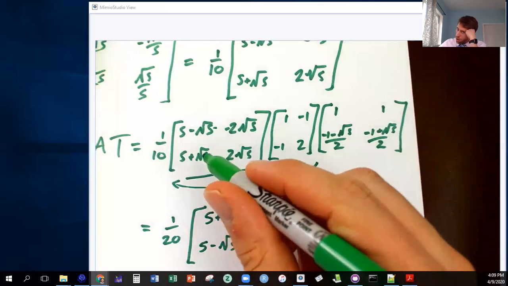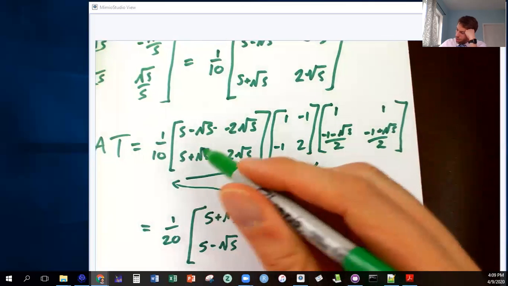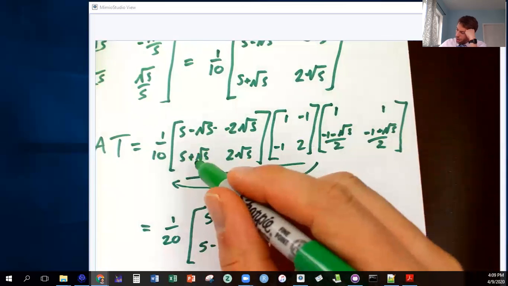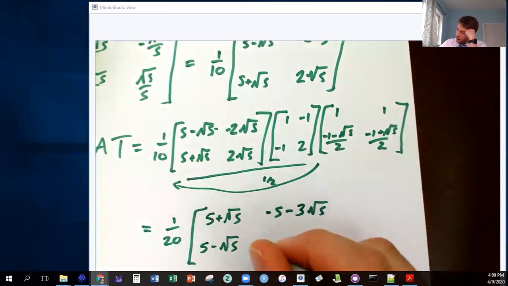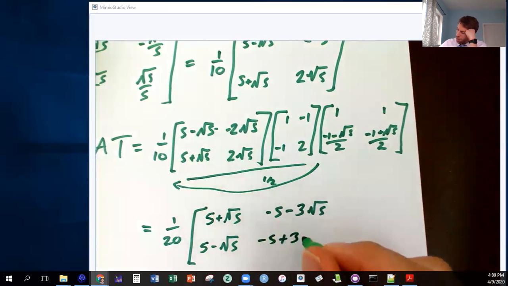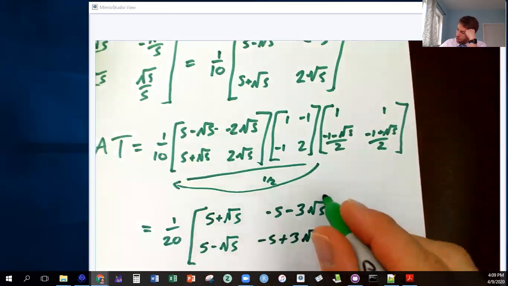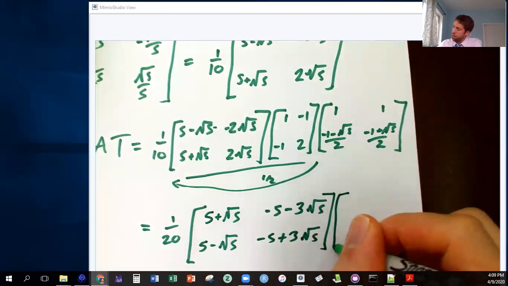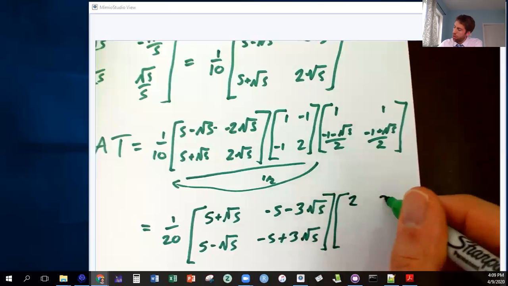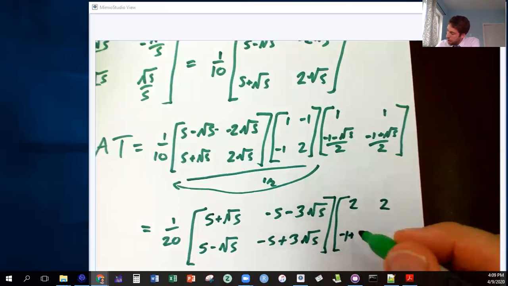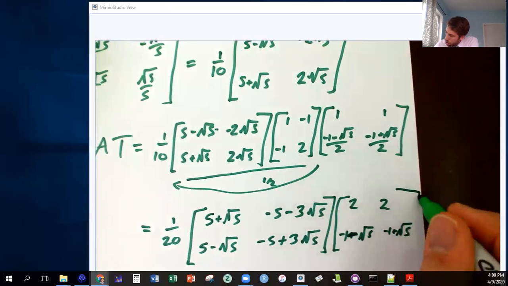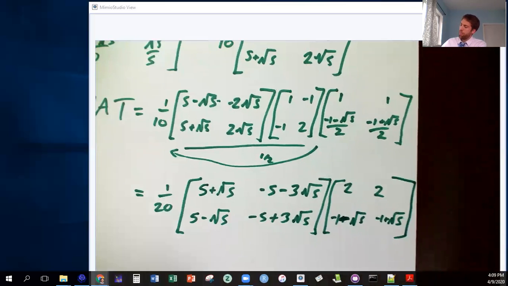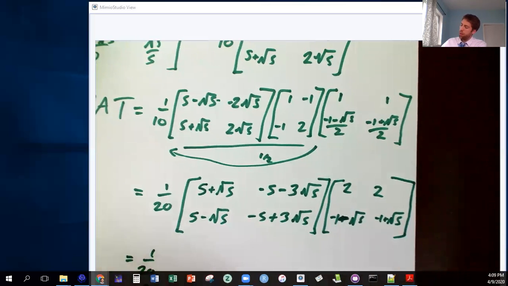And then multiplying this row here, so negative 1 times this would be negative 5 minus square root of 5 plus 4, so negative 5 plus 3 square root of 5 times this matrix, and I took out the 1/2, so now I've got 2, negative 1 minus square root of 5, and negative 1 plus square root of 5. Okay, so then this equals, I still got my 1/20 out here.